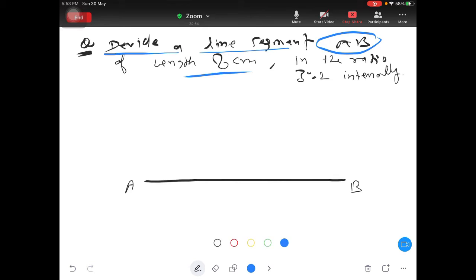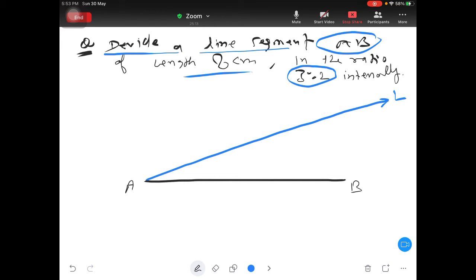Now, in same way, you do one thing. Now we can draw same way. Draw any random line that you say AL. This is ray. Now, same thing you do. We have to divide into 3:2 ratio, right?